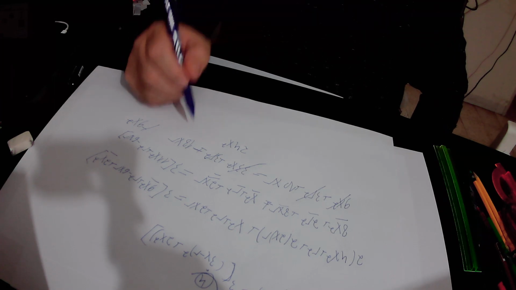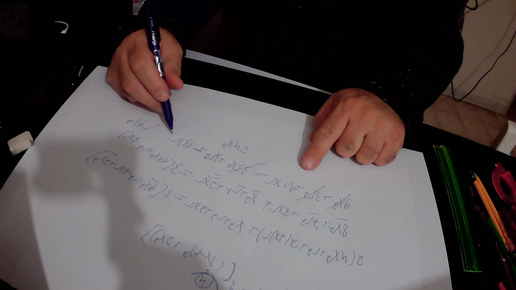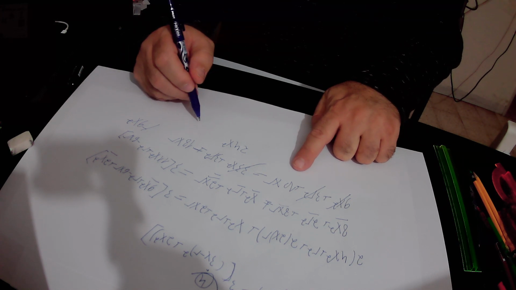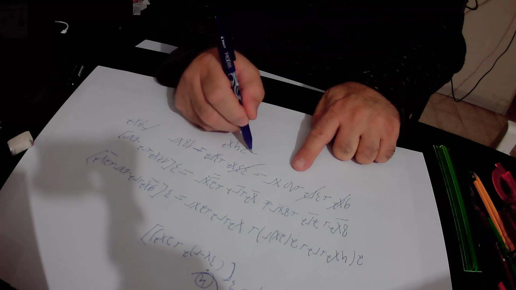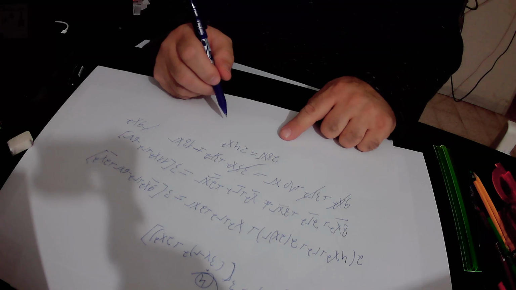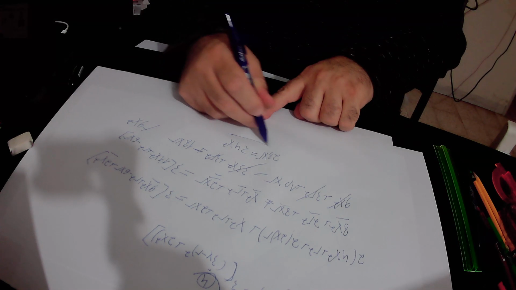In the next step, we will add 18xr to this equation. So here we have 10xr plus 18xr is 28xr. In conclusion, we found out that 28xr equals 24x squared.